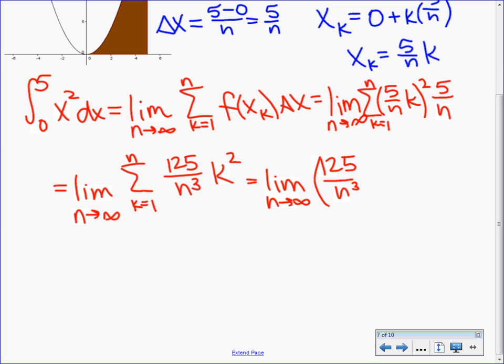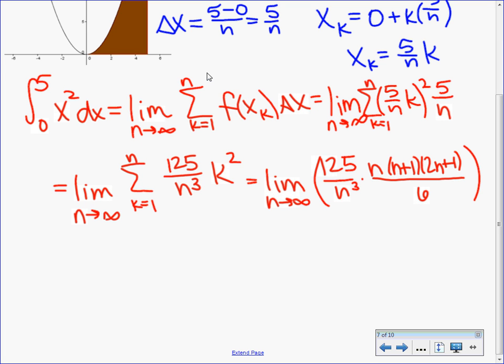What's our shortcut for the sum from k equals 1 to n of k squared? It's going to be n times n plus 1 times 2n plus 1, over 6. When it says f of x sub k, this is the function evaluated at x sub k, so we're plugging x sub k into x squared.